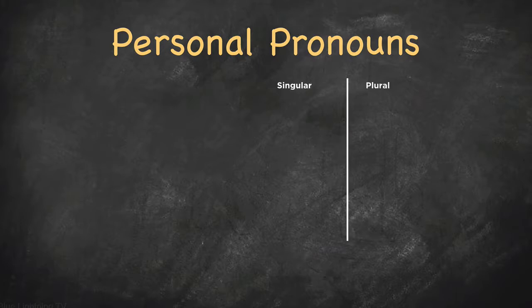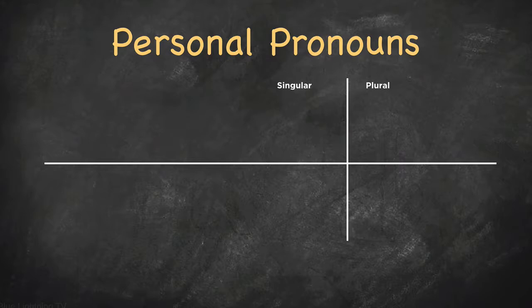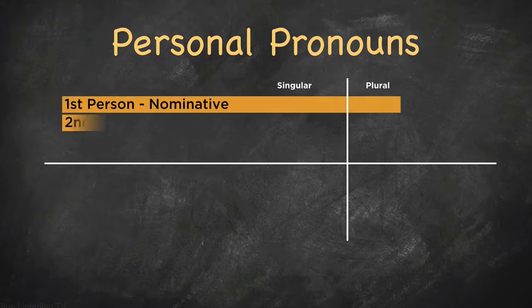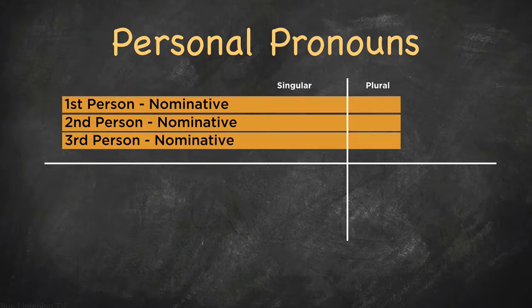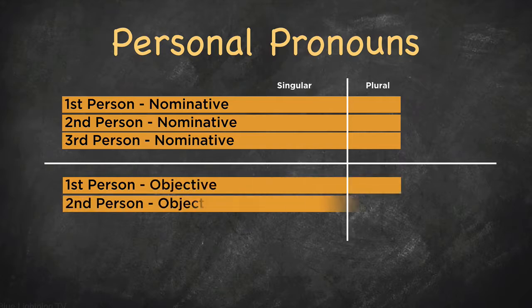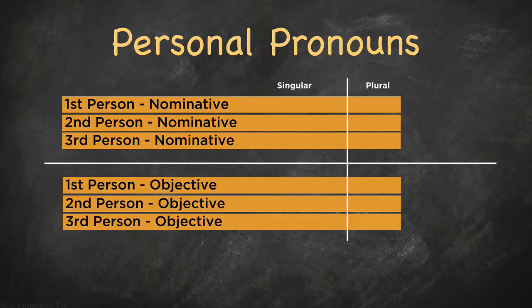All personal pronouns are either singular or plural, but they're also divided into 2 more categories, nominative and objective. In both categories, the pronouns are used for either first person, which is the speaker, second person, which is the one spoken to, and third person, which are the ones spoken about.